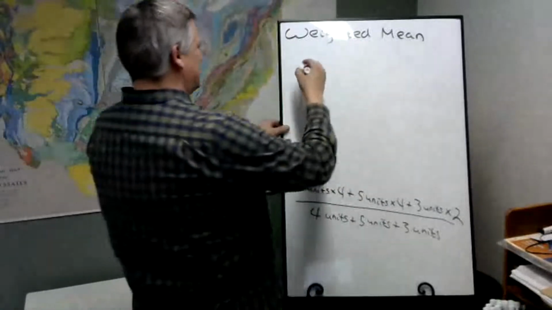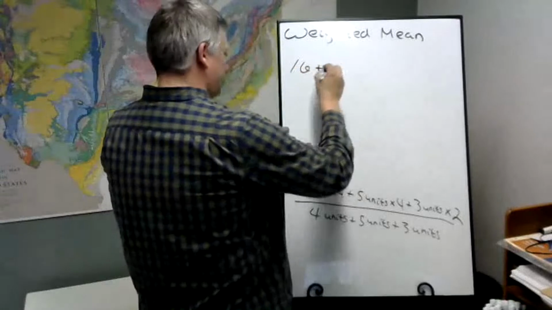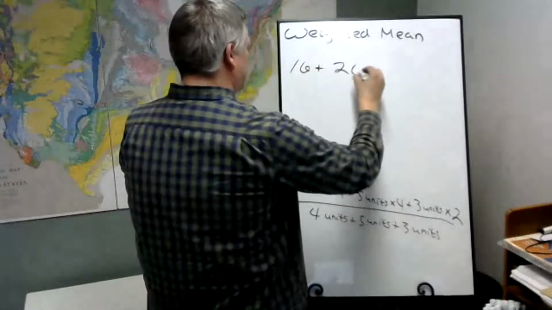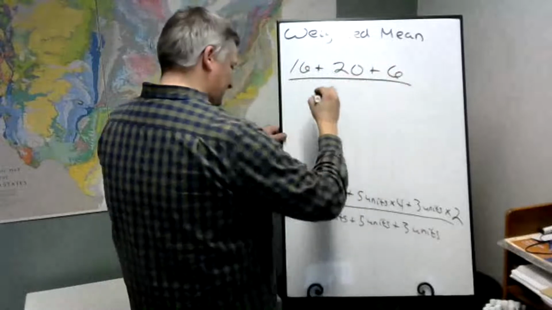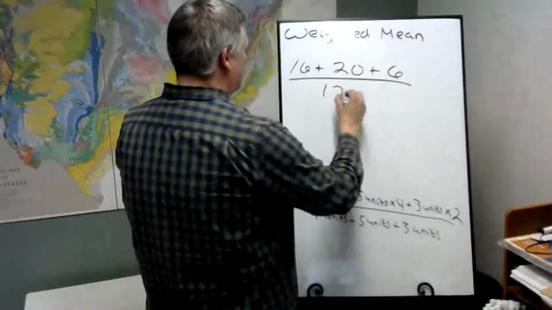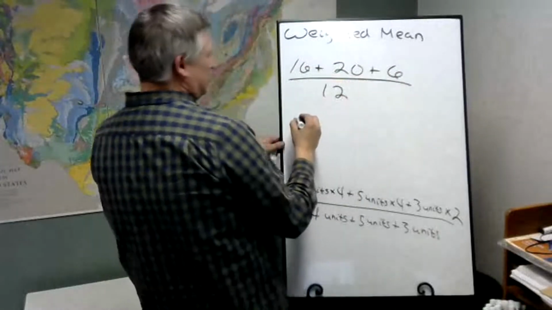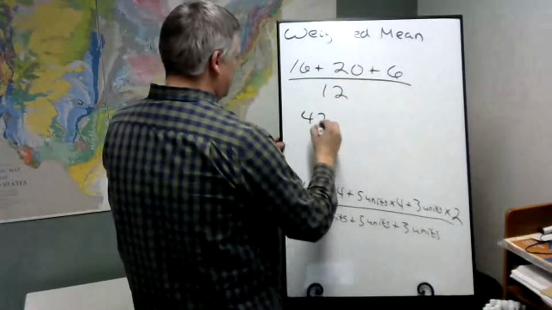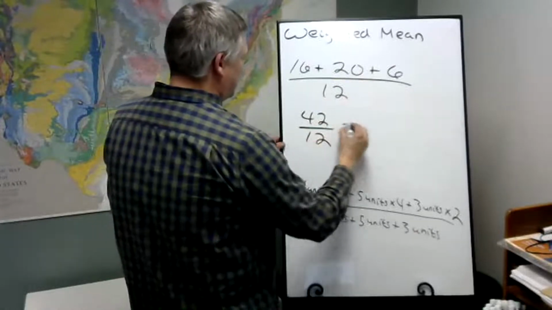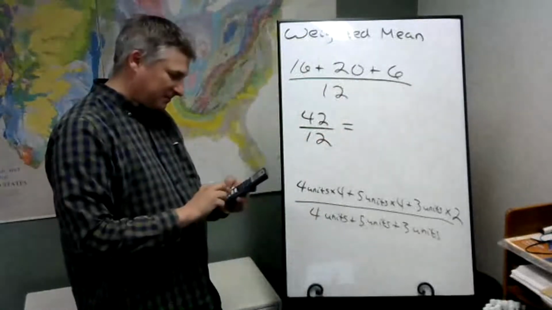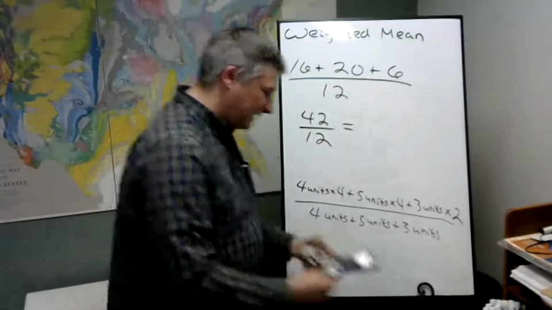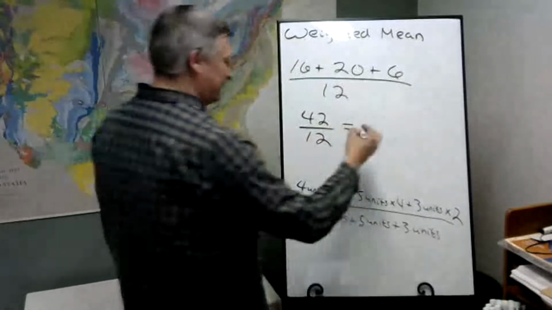So what we'll get is 16, 20, 6, over 12. That gives us 42 divided by 12. And let's see what this GPA is. It comes out to 3.5.